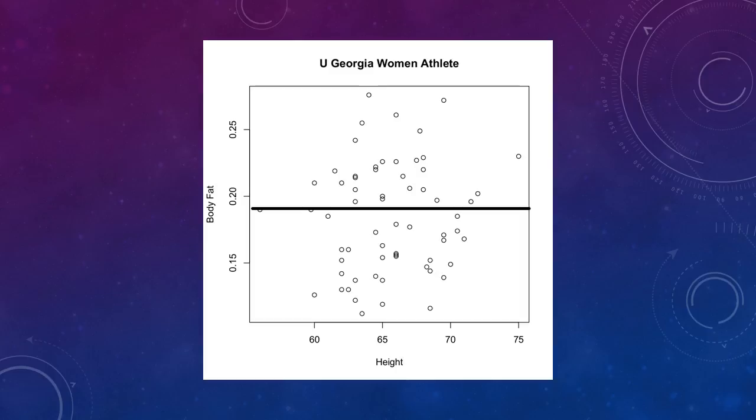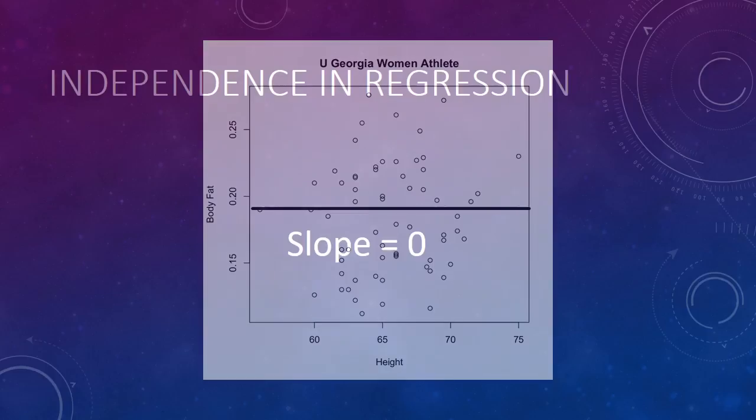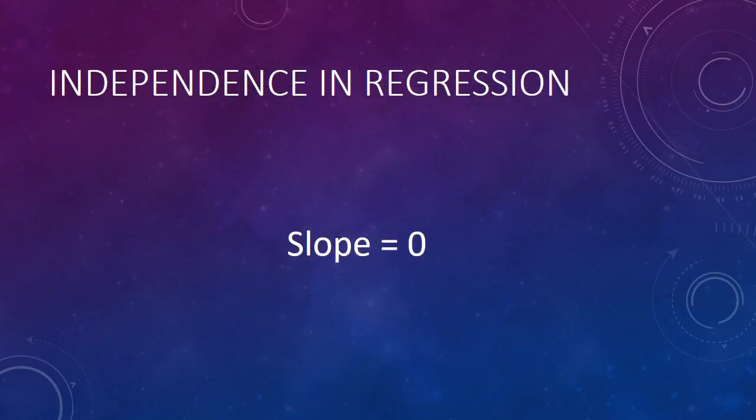What does that line look like? It's completely flat, a horizontal line. The slope for this line is 0, since there's no change in y for any change in x. So in regression, two variables are independent when the linear equation has a slope of 0, because that's when the mean for each conditional distribution of the outcome variable y is the same, no matter the value of x.